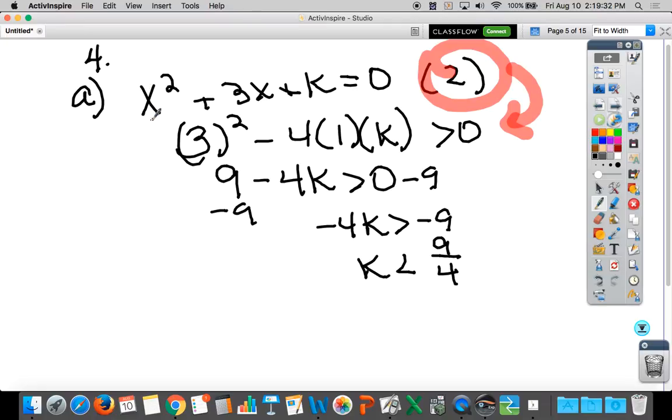So your A is 1. Oh, we don't have to store it as x, I'm sorry. The A is 1, the B is 3, and the K is 2. How many roots did you get? 2. Okay.